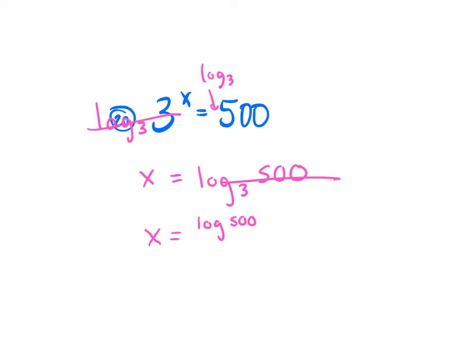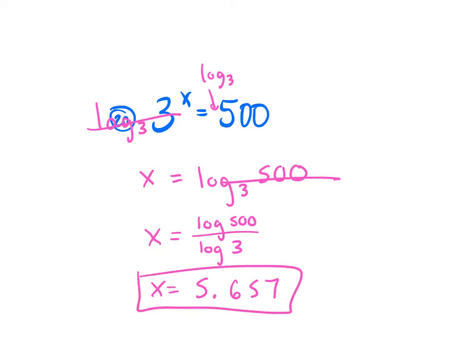The 3 goes on the bottom. So log of 500 divided by log of 3. What do we get? 5.657. Everybody agrees? Good.